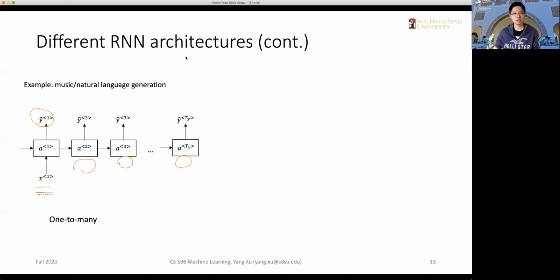Okay, so this particular architecture is used in tasks, for example, music generation or natural language generation. The state of the art natural language generation models in the field of natural language processing, we would say it is the GPT model.